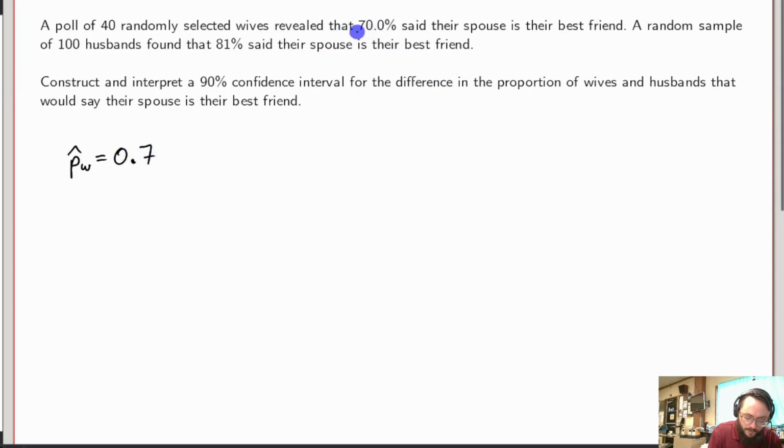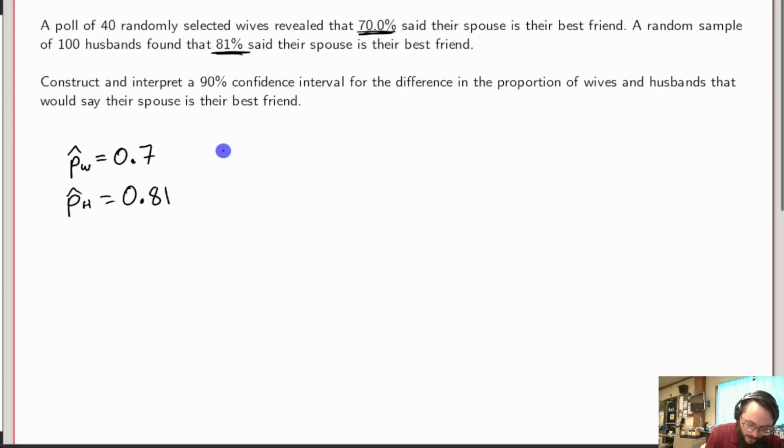Then we also have p-hat H for the husbands, 81%, so 0.81. We have those, and ultimately that's partially all we need to get started.